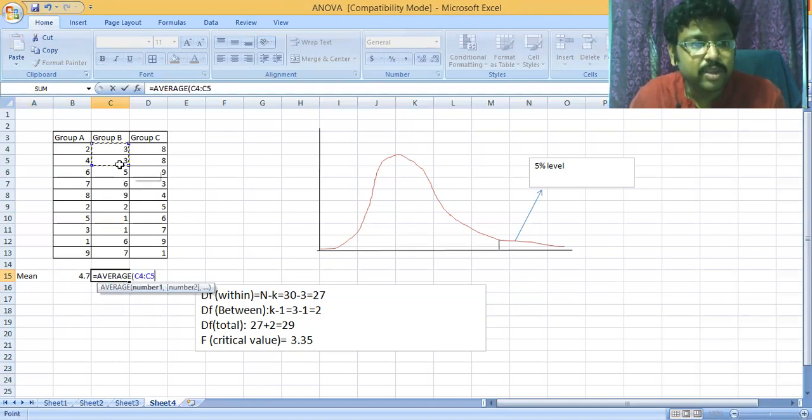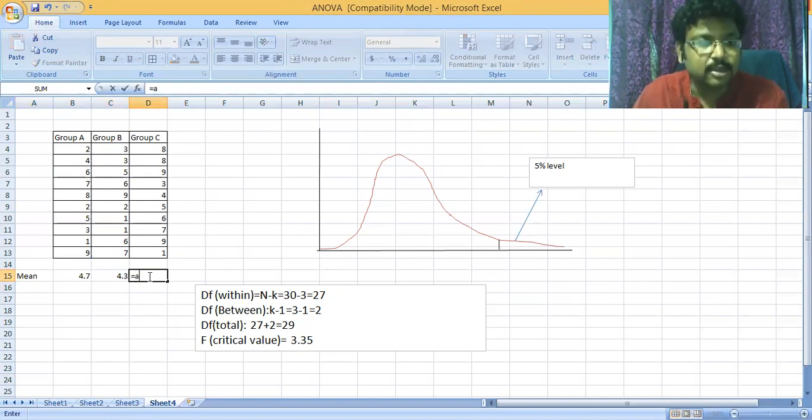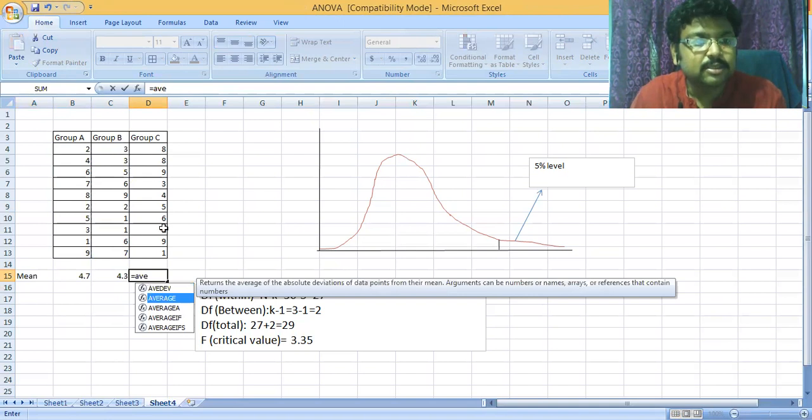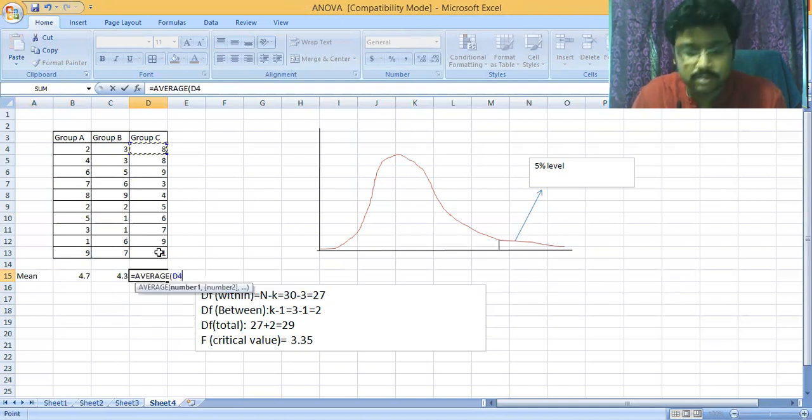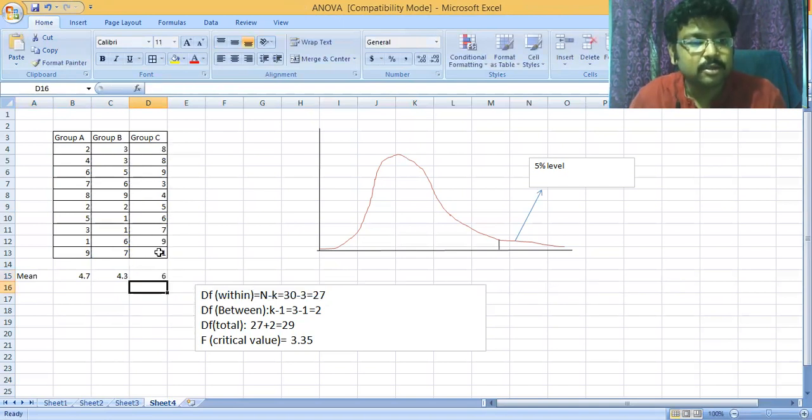Now for group B, this is the mean. Now for group C, average. So these are the means of corresponding groups. For group A, mean is 4.7. For group B, mean is 4.3. And for group C, mean is 6.